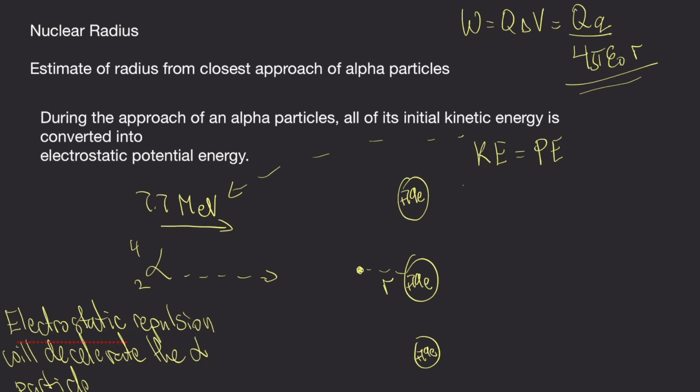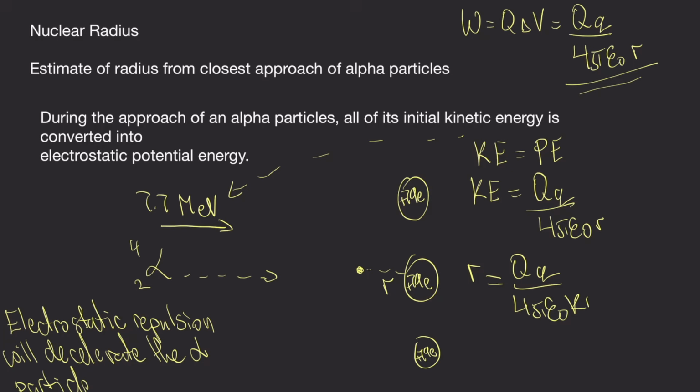So we know that our kinetic energy is going to be equal to Q1Q2 over 4 pi epsilon naught R. And we're just looking for the distance of closest approach, which is R. So let's rearrange for R, which will be Q1Q2 over 4 pi epsilon naught multiplied by the kinetic energy. Now, one of the Q's will be 79.